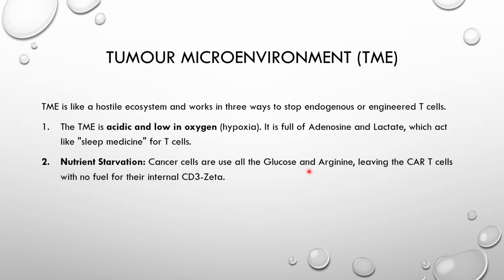And if there's no glucose because the tumor's cancer cells use up a lot of glucose, the CAR T cells themselves end up in a state of metabolic stress, because without glucose, the T cells cannot generate the ATP needed to phosphorylate the CD3 zeta tails.